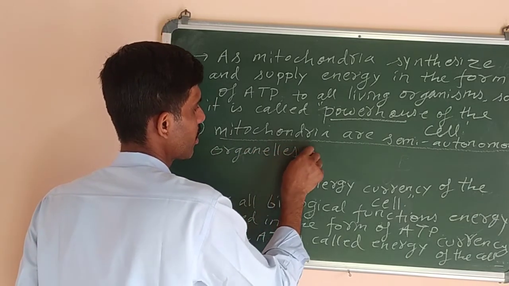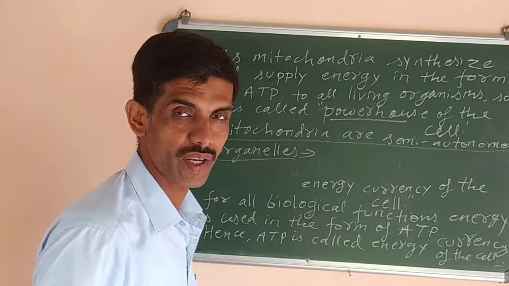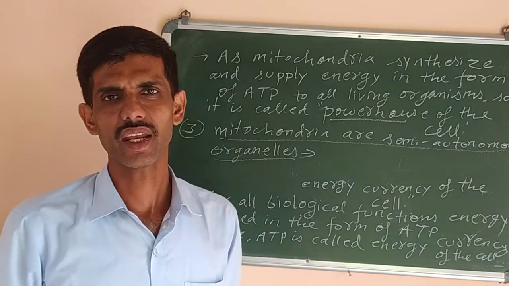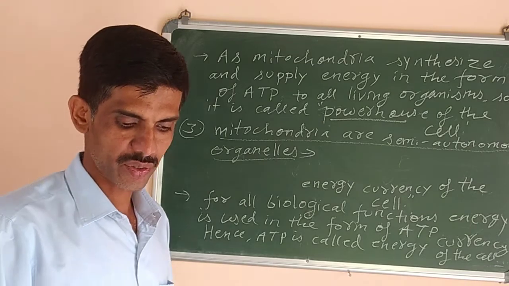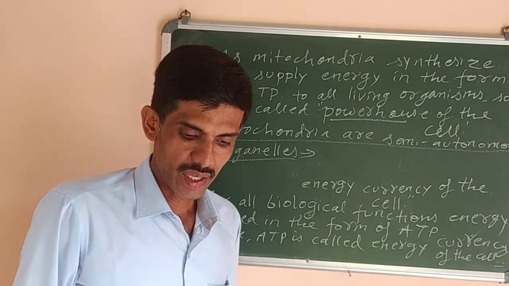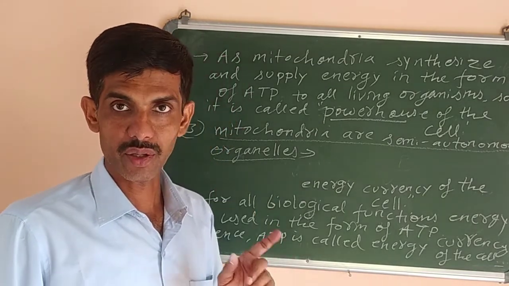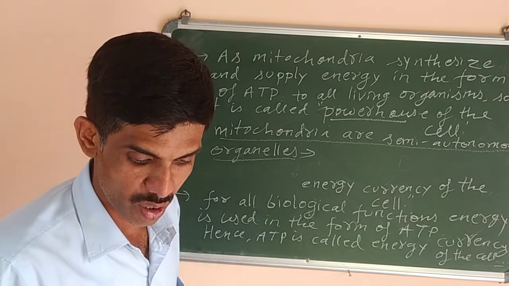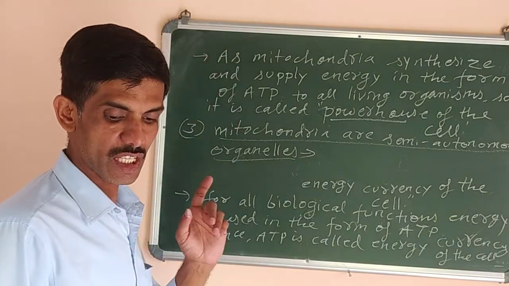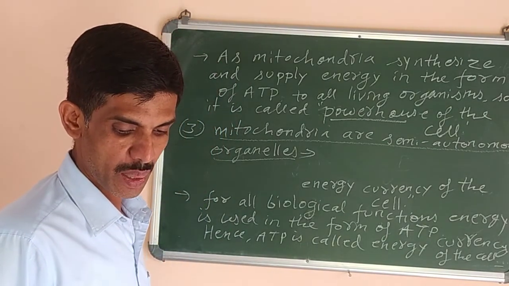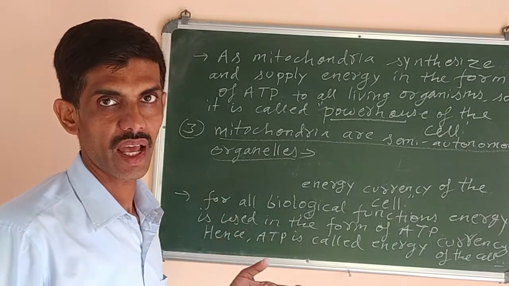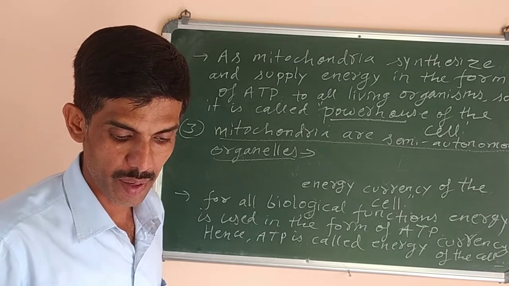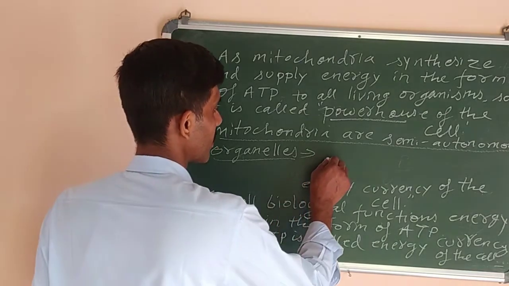Why they are called semi-autonomous? Already I have discussed this point. Because they contain DNA and they can replicate themselves. So I will just write why it is called that. Mitochondria is called semi-autonomous organelle because each mitochondria contains own protein synthesizing system, that is DNA, RNA and the ribosomes.